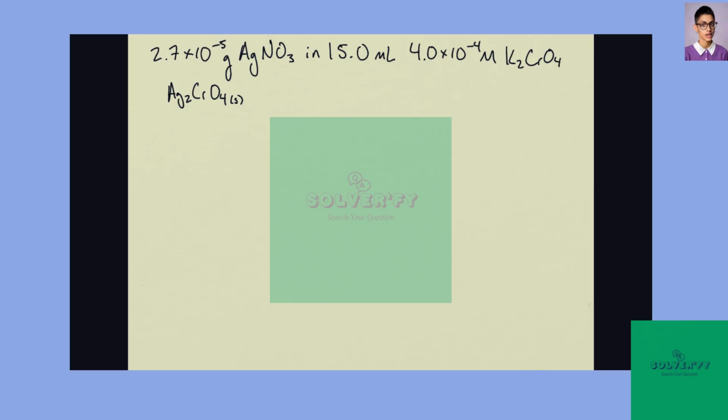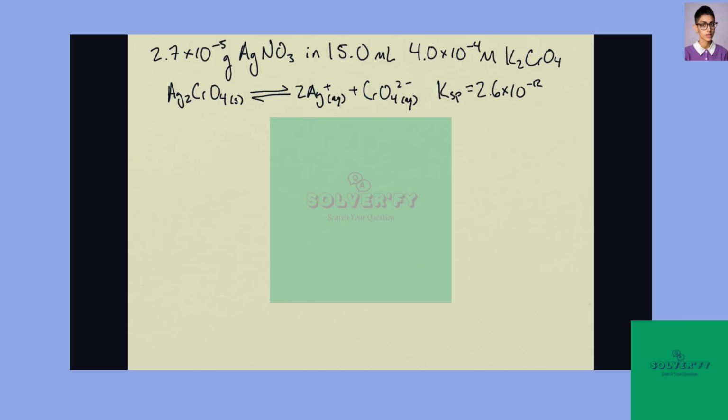which, if we write an equation for a saturated solution of this, it would partially dissociate into 2 Ag+ and CrO4 2-. The KSP of Ag2CrO4, which you can look up in the textbook, is 2.6 times 10 to the negative 12th.